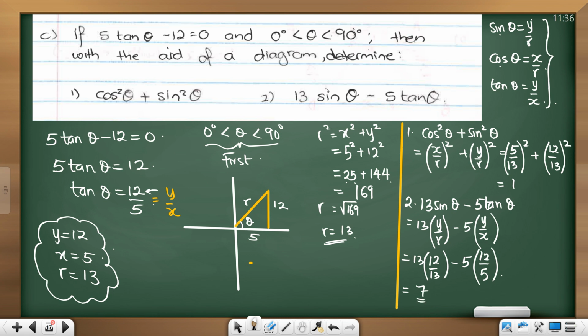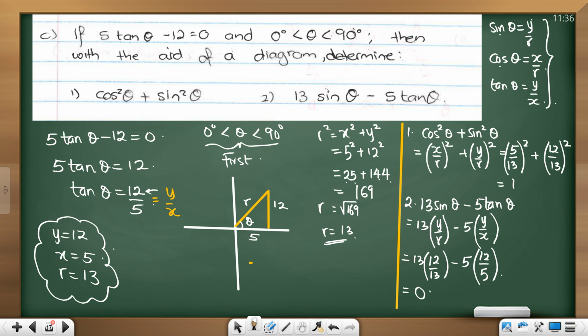Check your answer. Yes, correct, 0. Sorry. That answer is 0, because it's 12 minus 12, which is 0.